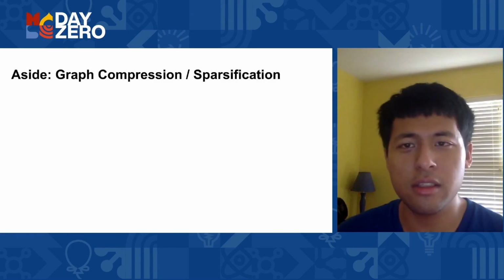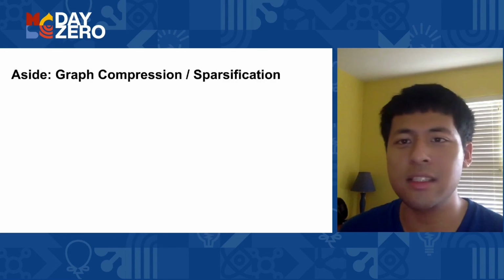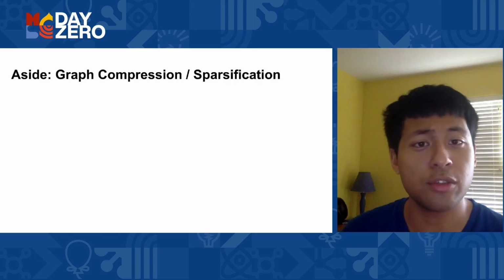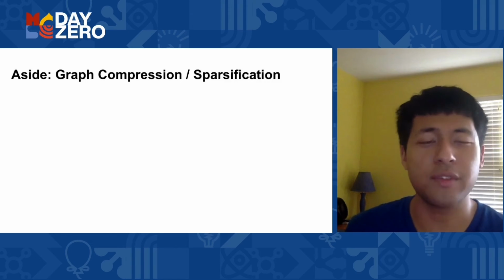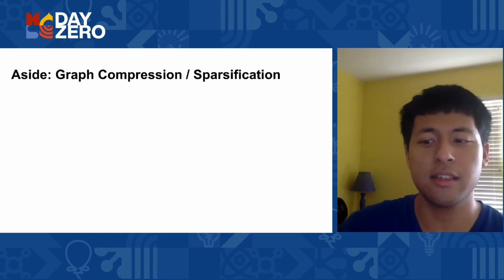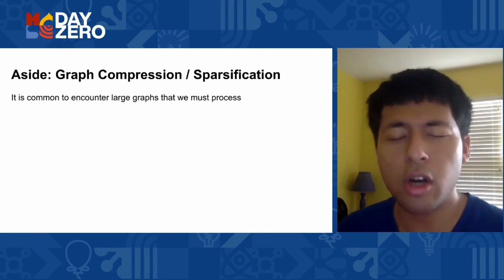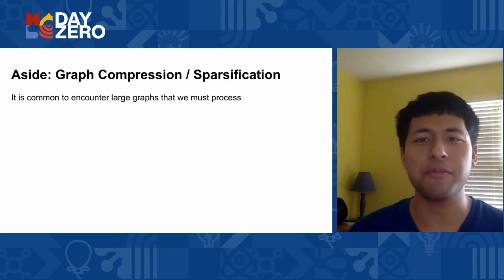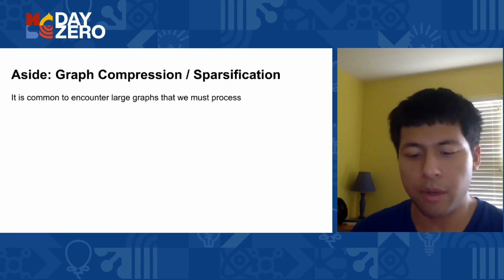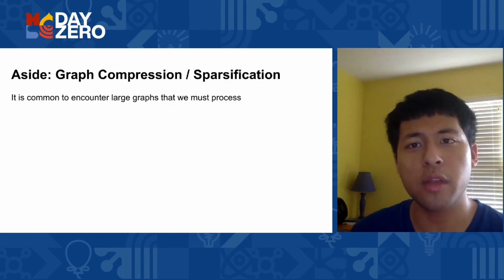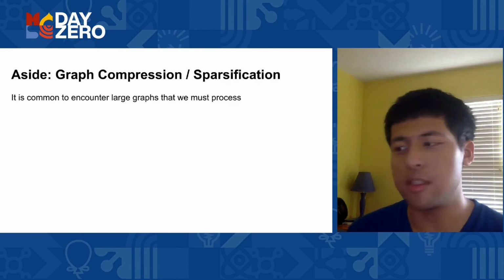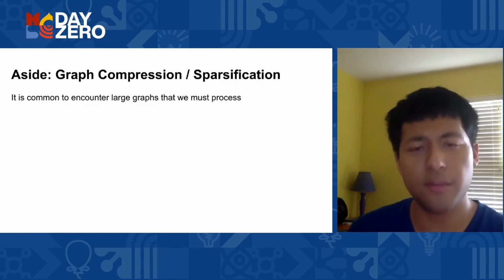Spanners are a subcase of another very popular area of research in graphs called sparsification or compression. The way you should think about it is this. Oftentimes, there are large graphs that we have to process for whatever reason. But when we're processing a graph, we often don't care about all properties of the graph. We only care about very specific properties.